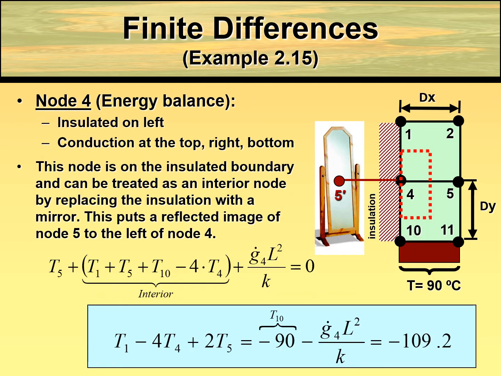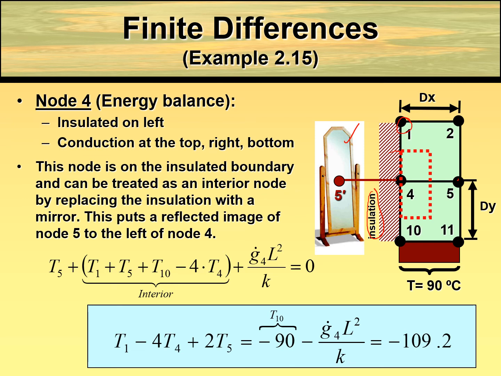Now remember node 4. Node 4 is basically a half node, and then you have insulation. So you use a mirroring technique. With the mirroring technique, you reflect this to this side, making the full node. So because you get a full node, you get to use the equation.